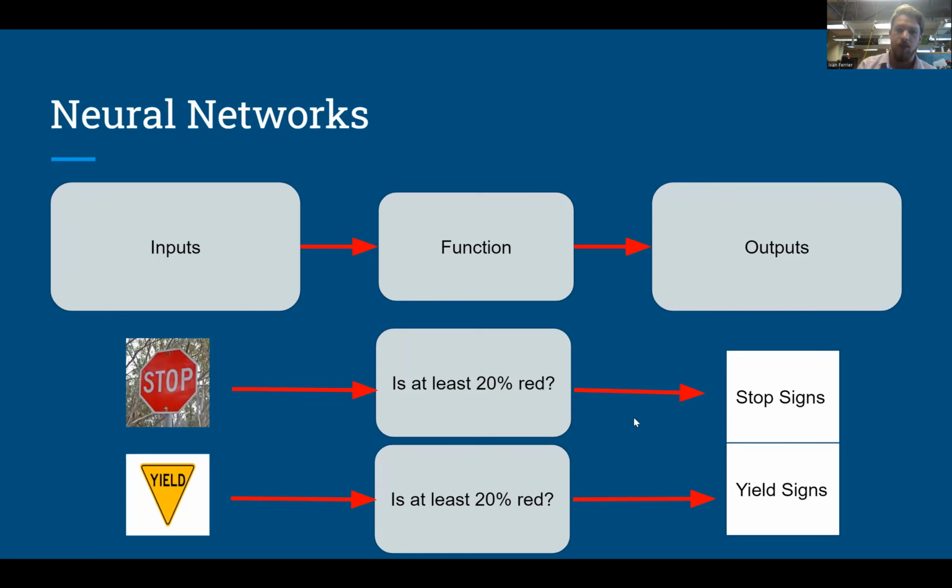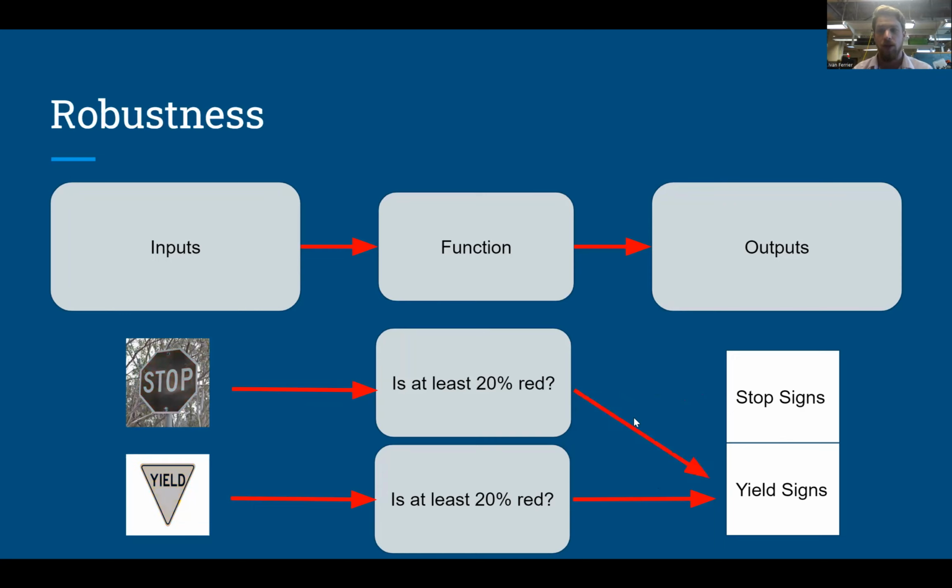Now, a little bit of a side note on the robustness of neural networks: if you try and test on something that's outside of your data set, you tend to get poor performance. Again, as an illustrative example of how this might happen, if the neural network found something that was basically like, is it at least 20% red, and that works on the data set, but then outside the data set we're testing on things like black and white photos as well, you could see it fail.